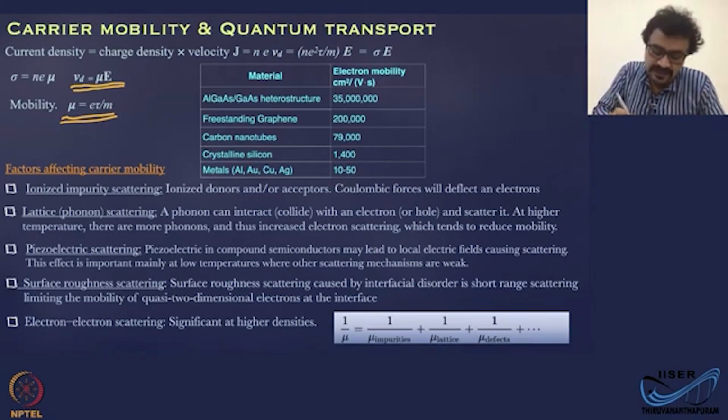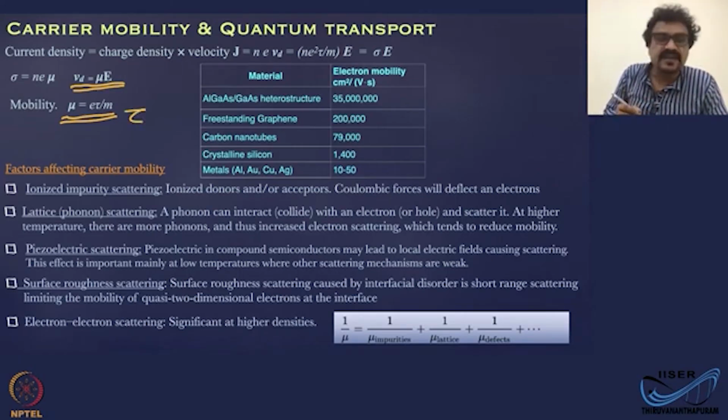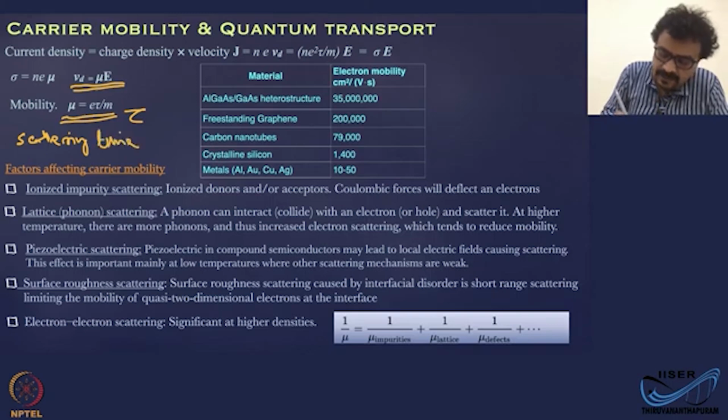And if you look at the mobility formula, you will see that there is something called tau, that is the scattering time.